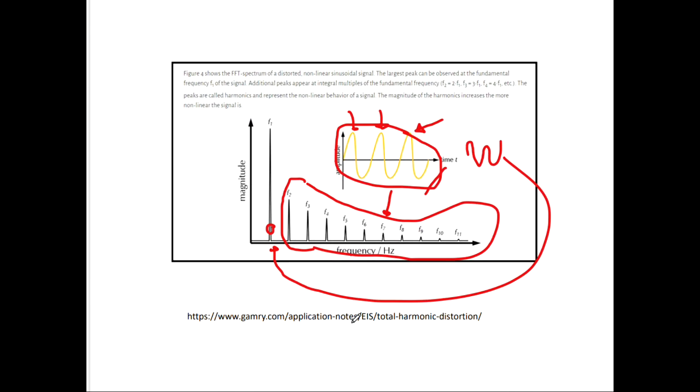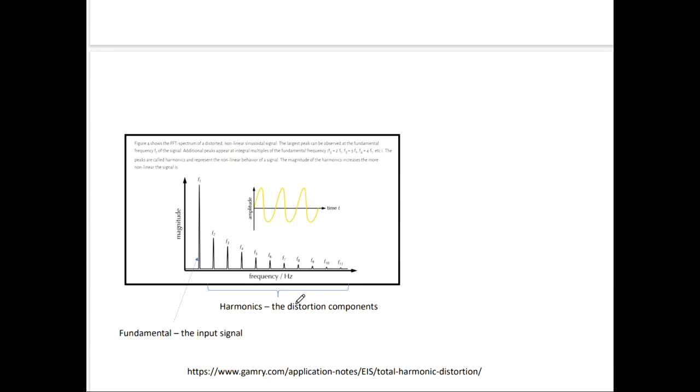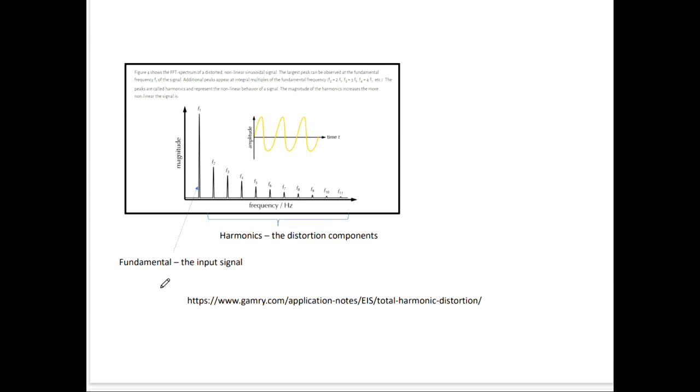All right? So I've already talked about this right here. Remember, these things right here are the harmonics that, when added to the fundamental, created this distorted waveform. And here's something that I already created. This was the fundamental, the pure input signal that went into the nonlinear system, let's call it the amp.